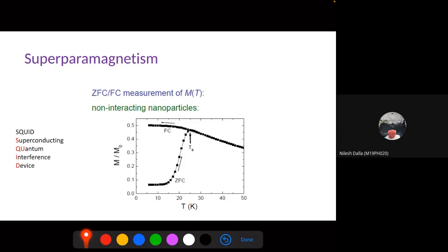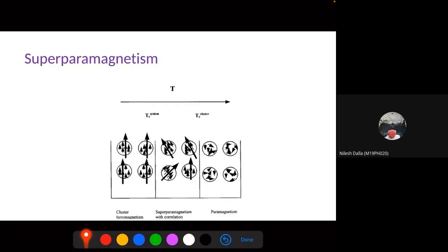This picture basically shows what I told here. Below TB, the particles are in a blocked state, and when you go above TB, they are in a fluctuating state. When you go above TC, they go into a paramagnetic state.